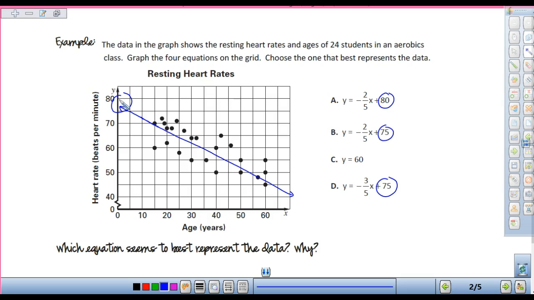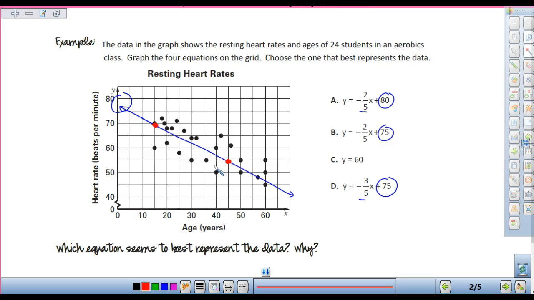Okay, so now we've got to figure out what my slope would be. So I don't pick 2 points that are out here. I'm going to find 2 points that are on my line. And I like to find spots that kind of go where my grid lines connect. So, like, I might pick this point right here, and maybe this one is pretty close.